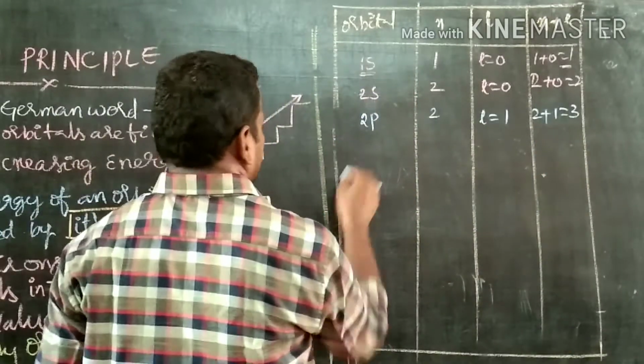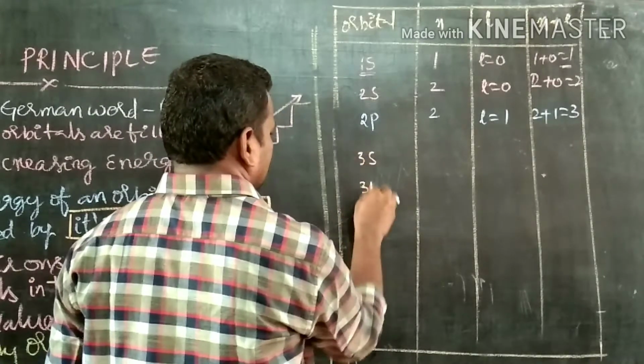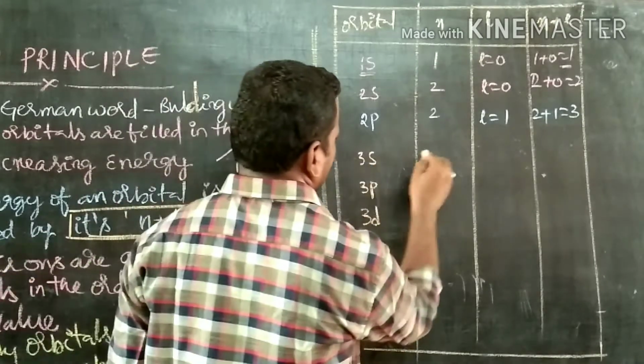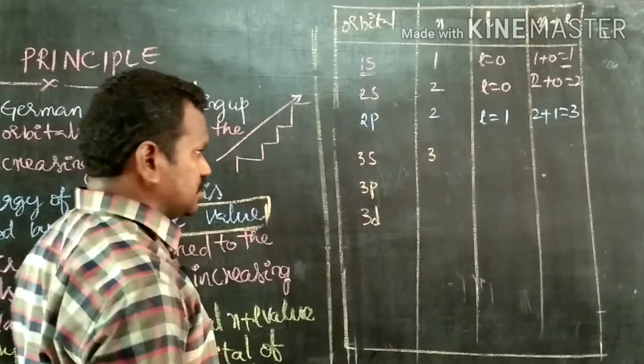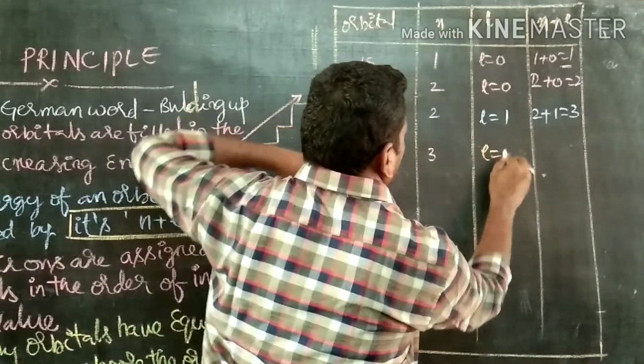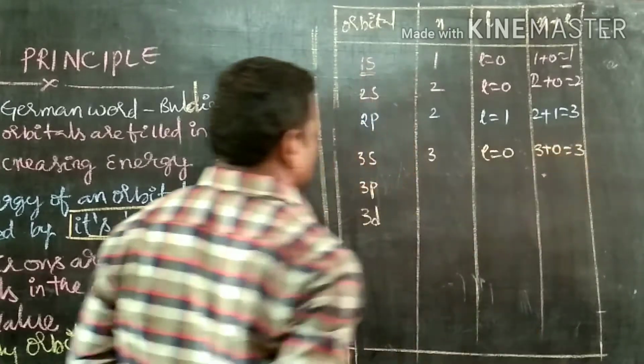Now let us come to the main level 3. As we already know, main level 3 contains 3s, 3p and 3d. Let us calculate the energy of these orbitals. Here the principal quantum number is 3. For s, the angular momentum quantum number l is equal to 0. Now 3 plus 0 equals 3.